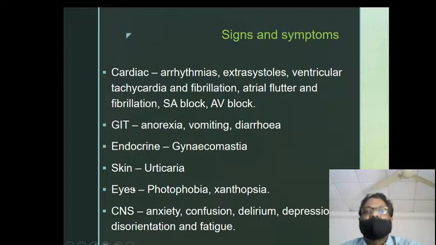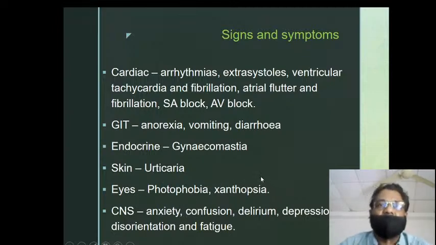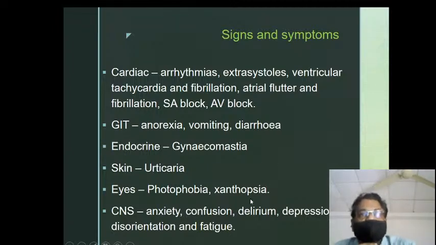It affects the eye, producing photophobia and also xanthopsia. Xanthopsia is a disturbance in color vision, especially of yellow color, so that's why this word is used. It also has effects over the central nervous system.